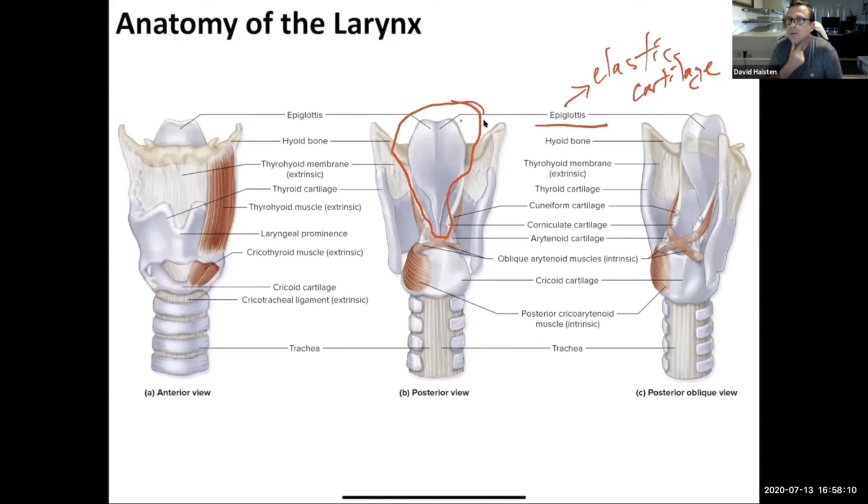It's moving up. When it moves up, it tips the epiglottis down, and the epiglottis seals off your glottis. So when you swallow, your larynx moves up, which tips this epiglottis down. And it's going to seal off your glottis so you don't end up with food in your windpipe.